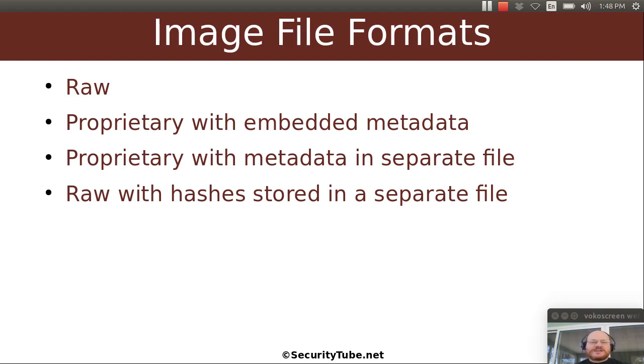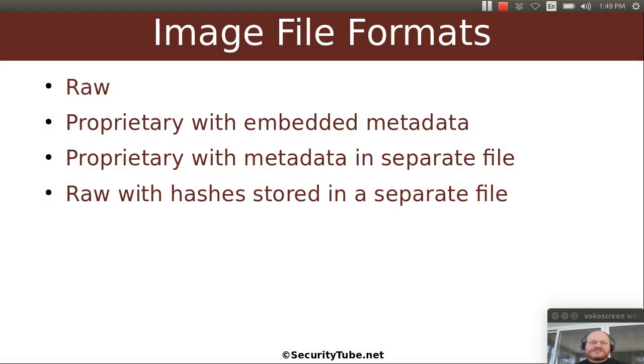So a RAW image will be exactly the same size as the media. Some tools can operate on compressed images and some of them will not. Even if your tool will operate on a compressed image, it's going to be a lot slower because it has to uncompress the image all the time.